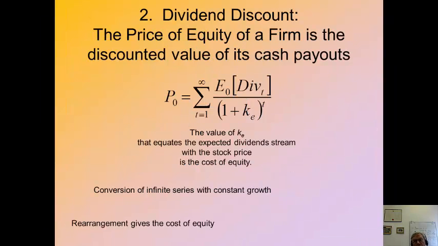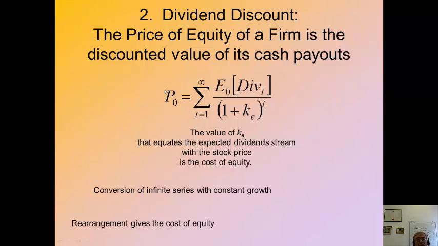Moving on to a more theoretically consistent view of the cost of equity, we return to our pricing formula that we got from our net present value lecture. The price of any security is simply equal to the present value of its cash flows. And remember that the security equity has cash flows coming to it expected in the future from the dividend flow paid out by the corporation.